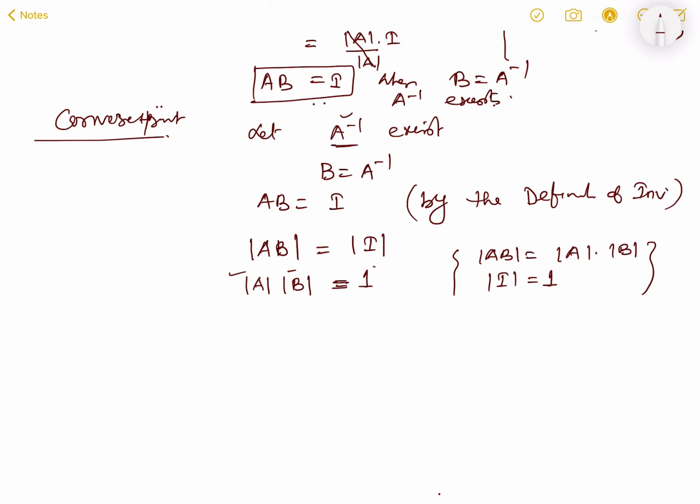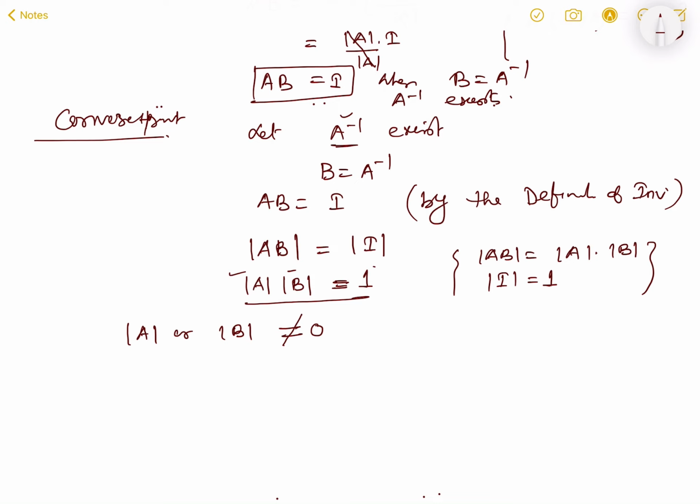On the basis of this, certainly we can say that determinant A and determinant B both are not equal to 0. If any one can be 0, then the multiplication of these two numbers is 0. So both cannot be equal to 0.